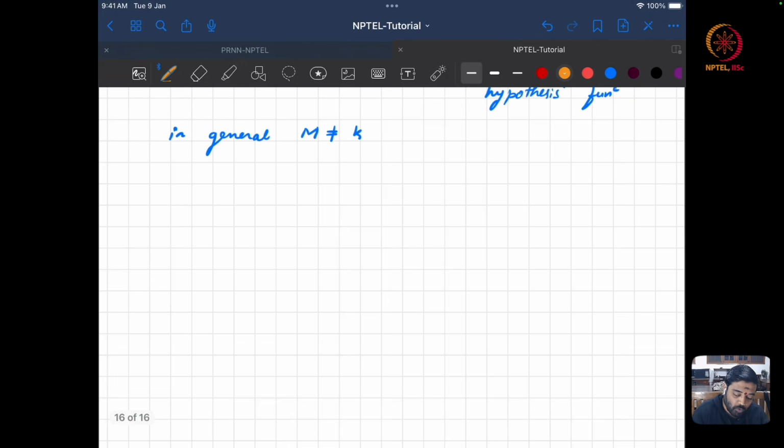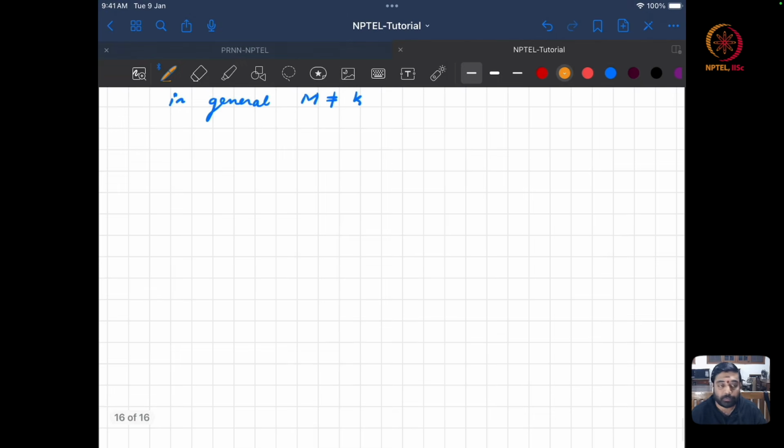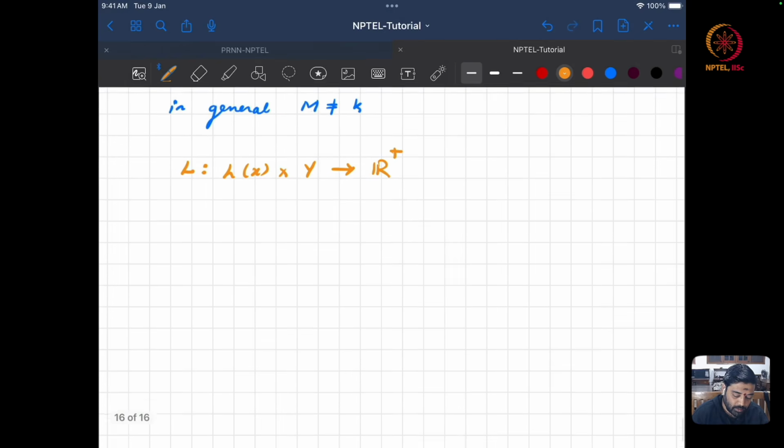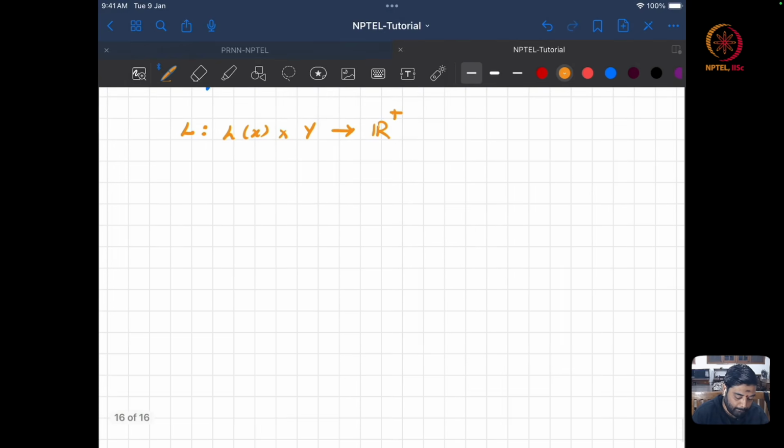So now in this case, how do we define the loss? The loss is defined as a function from the outcome of the hypothesis function cross y to R plus. Okay, so let's define this.